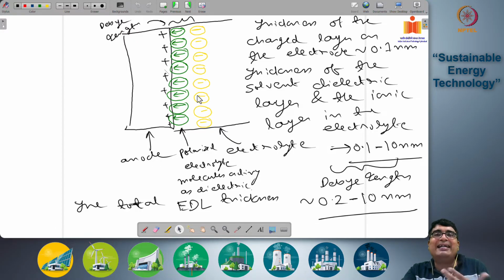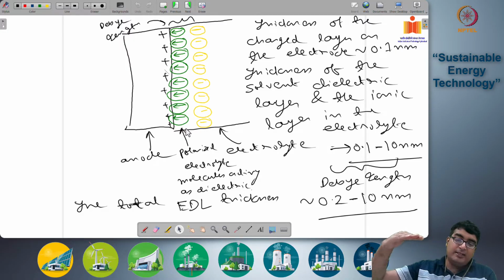So how is the dielectric being sustained? So what happens here is that at low potential differences, when the potential difference is below 3 volts, or 1 volt for aqueous solutions, a single molecule layer of electrolyte gets trapped between the positive charge of the anode and the negative ions that are in the electrolytic system on the anode surface. So this is a single molecule layer of polarized electrolyte molecule that is getting adsorbed onto the anodic plate.